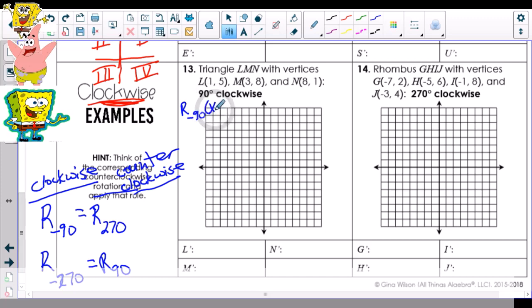That rule is (x, y) changes to (y, negative x).